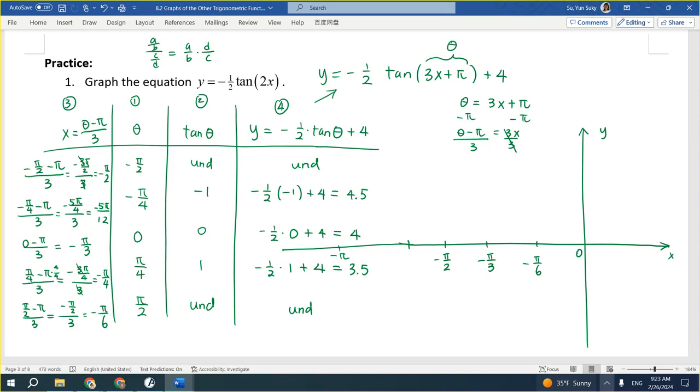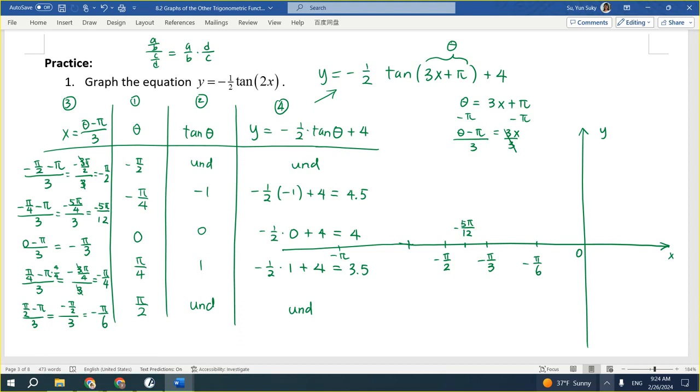So the smallest is negative pi over 2, and then you increase. Actually this number is exactly between minus pi over 2 and minus pi over 3. You see that? The step size, the difference between every two numbers, is the same. Therefore that number, negative 5 pi over 12, is in the middle of negative pi over 2 and negative pi over 3. Everybody look at me.